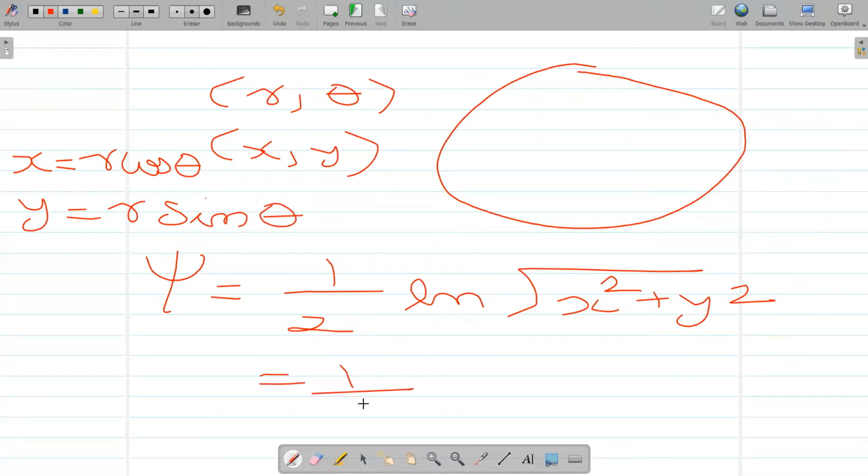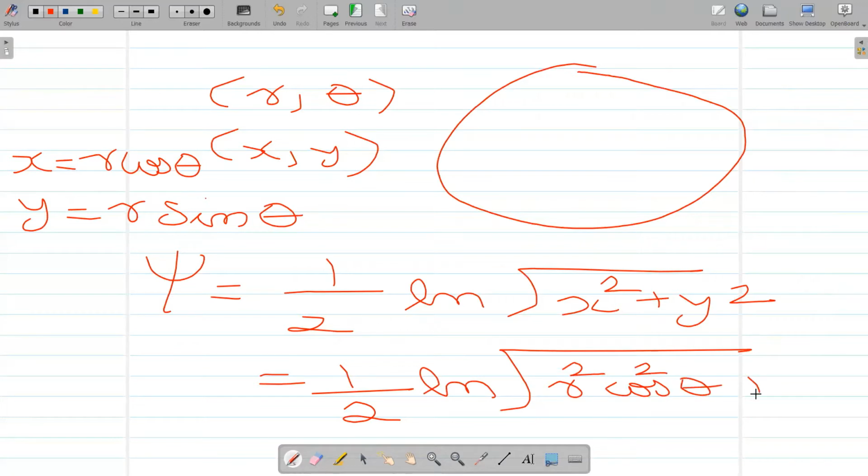So I'm going to use this over here. So ln of root r square cos square theta plus, again inside the root, r square sine square theta. All right. And now I'm going to take r square common from that.